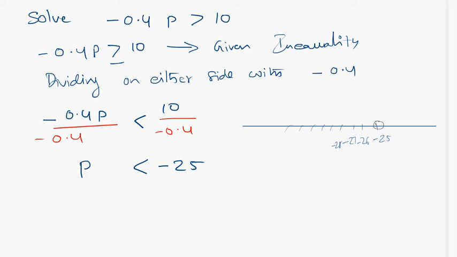So if this is negative 25, p takes all these values, which are less than negative 25.